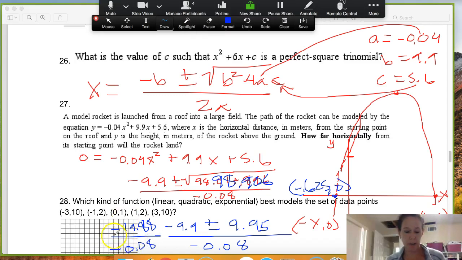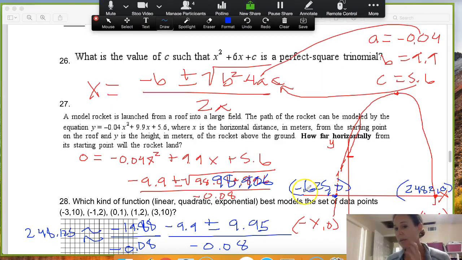So a negative divided by negative is going to give you a positive. So this is going to give me approximately 248.125. So this point over here is going to be the x point 248, and you could round to the nearest tenth. So let's go 248.2, comma 0.